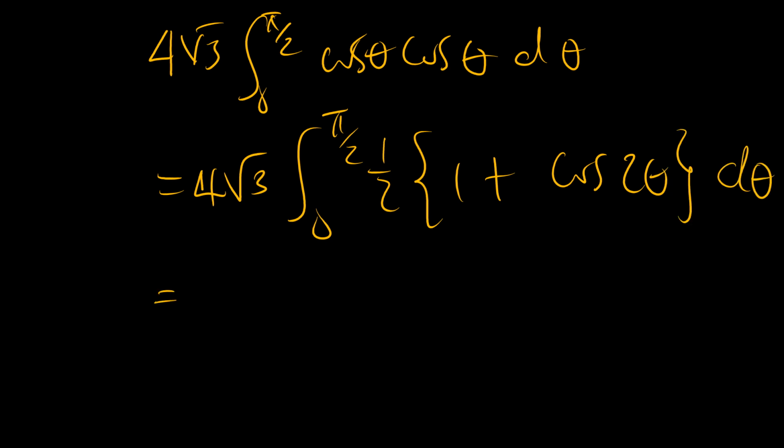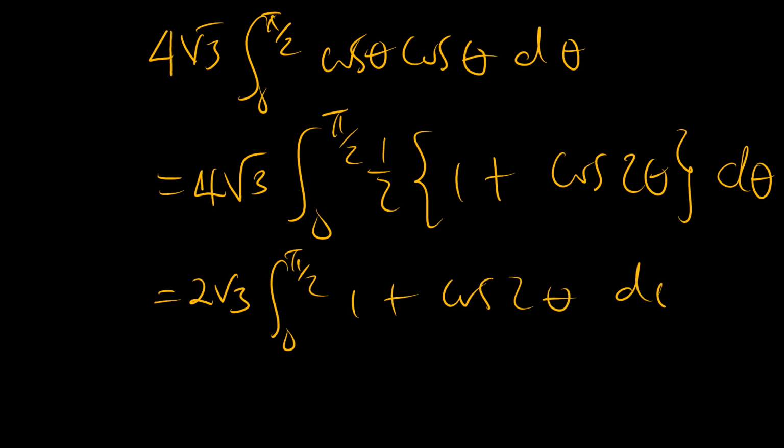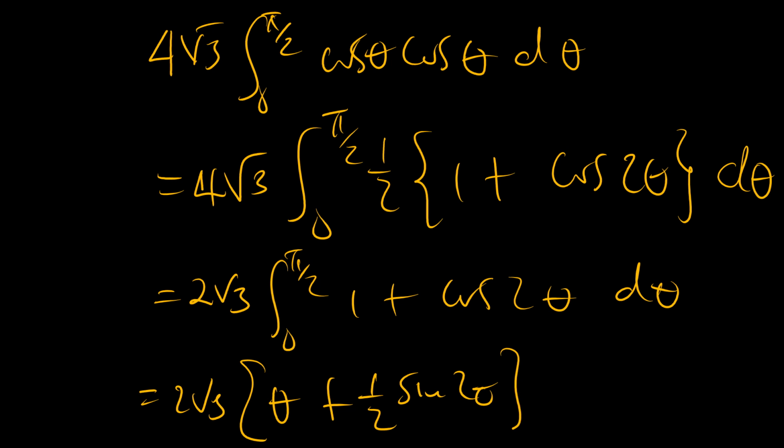And so this becomes 2 root 3 integral from 0 to pi over 2 of 1 plus cosine 2 theta, and that means we have 2 root 3 in bracket theta plus a half sine 2 theta from 0 to pi over 2.